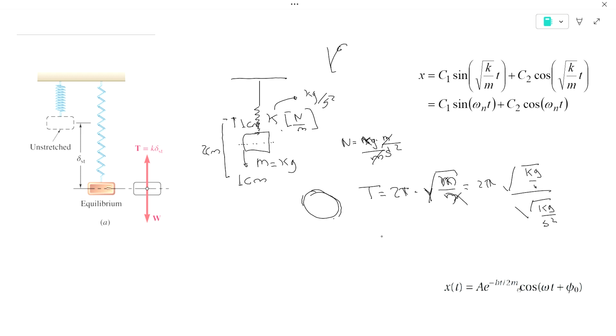Then this is 2 pi times the square root of kilogram second squared over kilogram. So that is the equation actually. Period T is equal to 2 pi times the square root of m over k. So 2 pi obviously is going to be a number, so the units are in seconds.